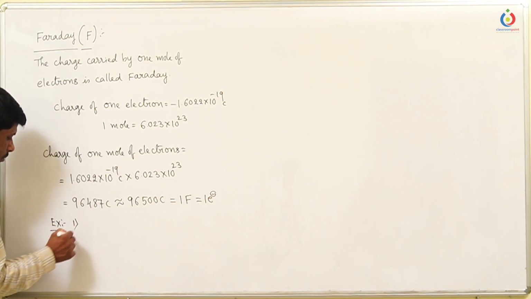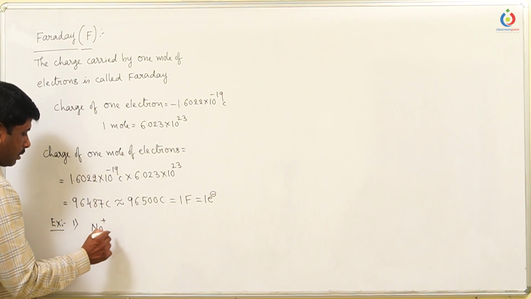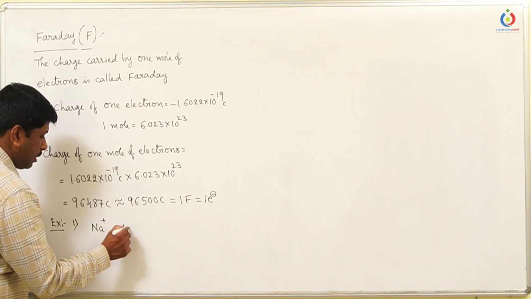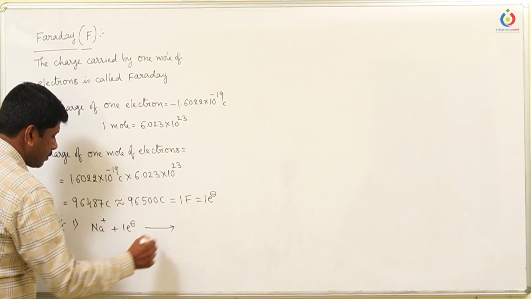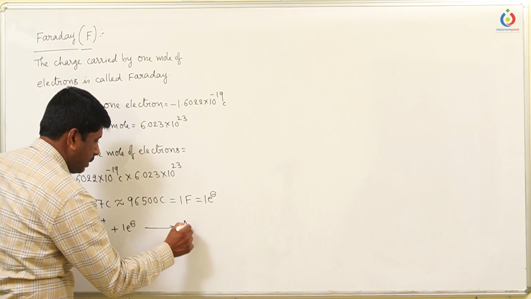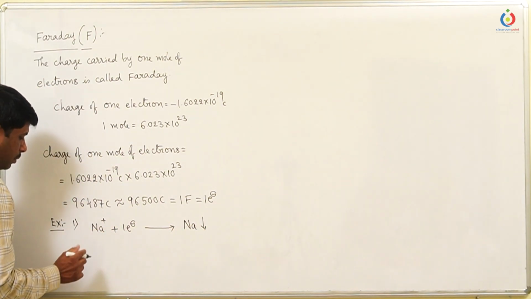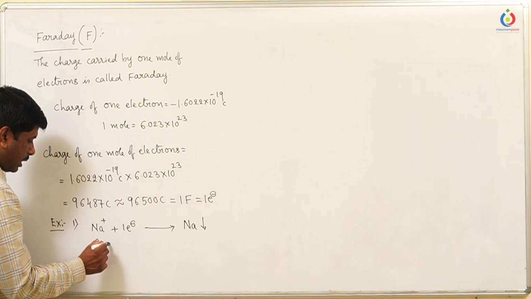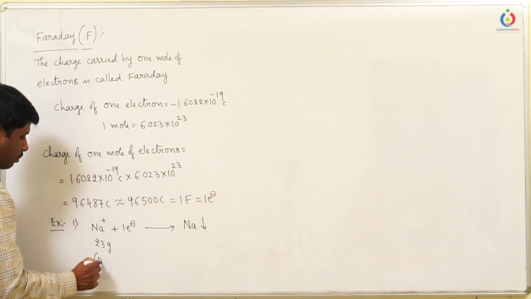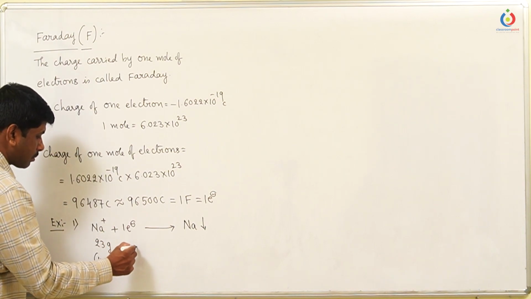Example questions. Let us take the sodium ion. 1 mole of the sodium ion is added with 1 mole of electrons. So 1 mole of sodium ion needs 1 mole of electrons to deposit as sodium metal. This 1 mole of sodium's mass is 23 grams, which needs 1 mole of electrons.